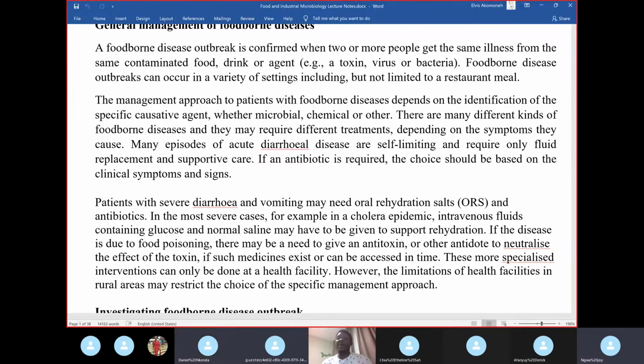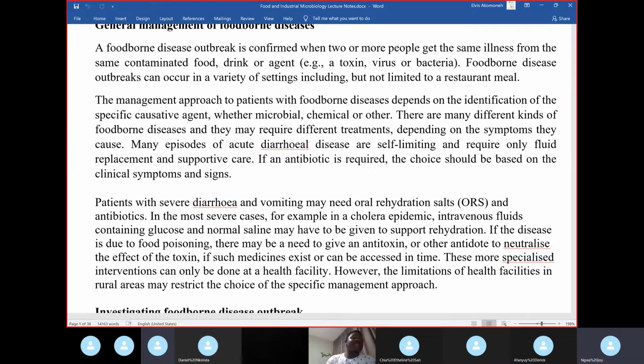So the management as well will show these patterns. A foodborne infection will require treatment with an antibiotic or an antimicrobial, while a foodborne intoxication requires what? Treatment with an antitoxin, an antidote, or whatever to neutralize the effect of the toxin.